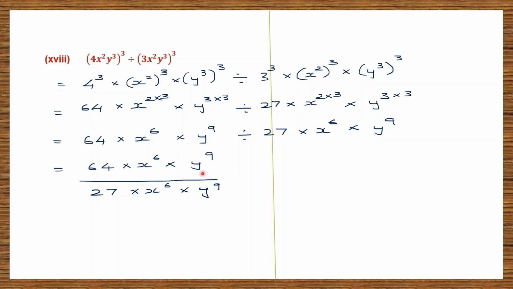Here also we have y to the power of 9 minus 9, which is y to the power of 0, which is 1. Or you can simply cancel x to the power of 6 with x to the power of 6, y to the power of 9 and y to the power of 9. So what we have here is 64 by 27. This is the only thing left, and this is our answer.